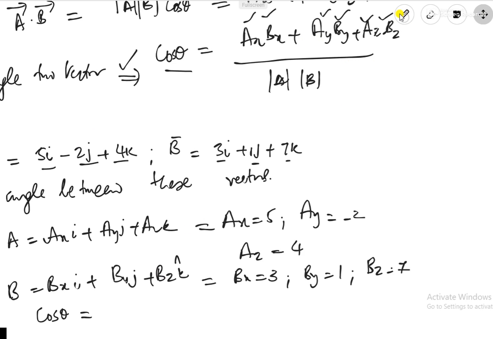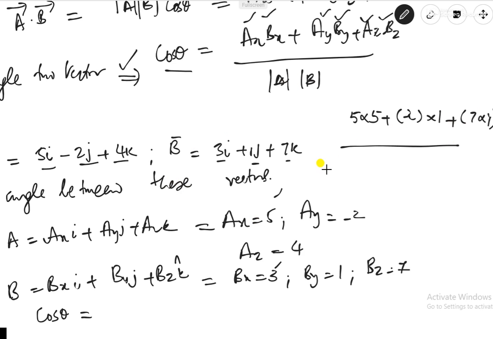Ax is 5 into 3, then Ay By is minus 2 into 1, then Az Bz is plus 7 into 4, divided by A magnitude and B magnitude independently.